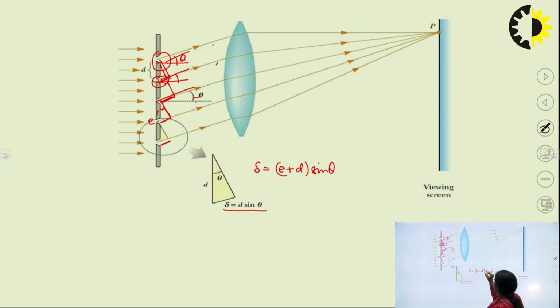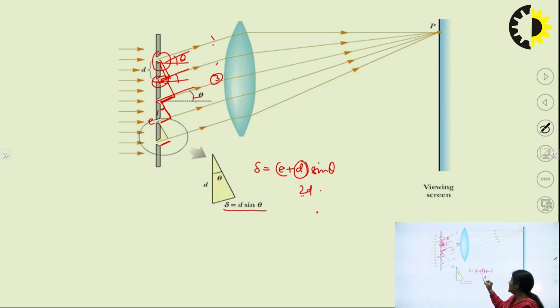And this part will go on changing, because this distance D will go on changing. Right now, between the diffracted beams from the first slit and the second slit, the spacing is D. But between the first slit and the third slit, this distance becomes 2D. Similarly, for the fourth slit it becomes 3D, and so on.